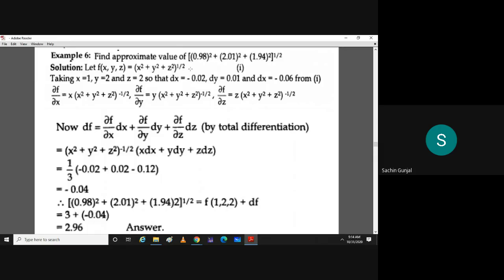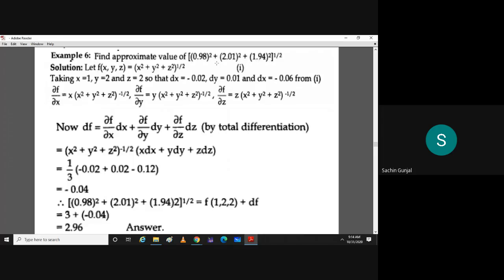Now take x, y, z, which are numbers close to this and which are actually integers. In this case x is 1, y is 2, and z is 2. You can check that for 0.98 the nearest integer is 1, for 2.01 the nearest integer is 2, and for 1.94 the nearest integer is 2.